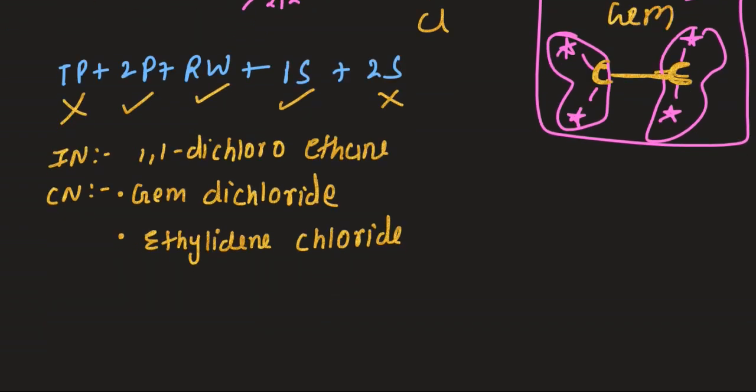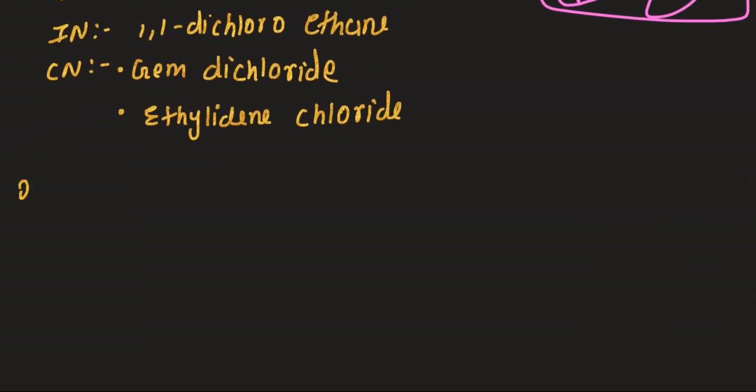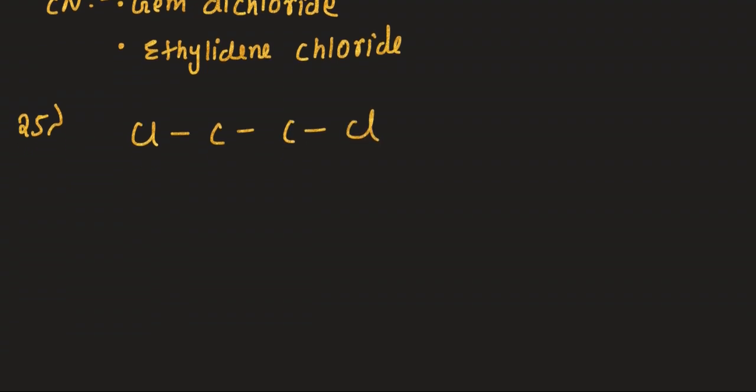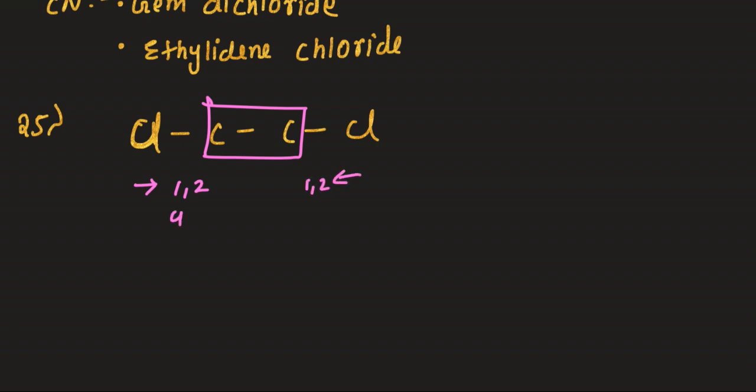Let us go with the next, the 25th question. Chlorine, carbon, carbon, chlorine. Can I say this is our parent carbon chain? If I start from here, you will get 1, 2. If I start from here, also 1, 2. But here chlorine, C later; here also C later.